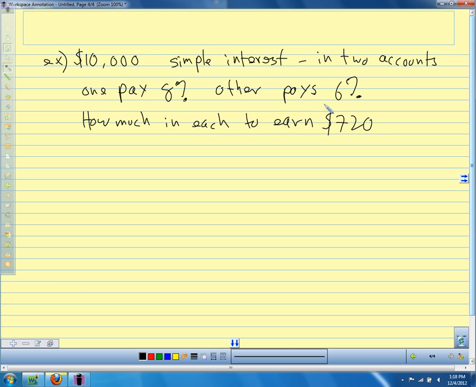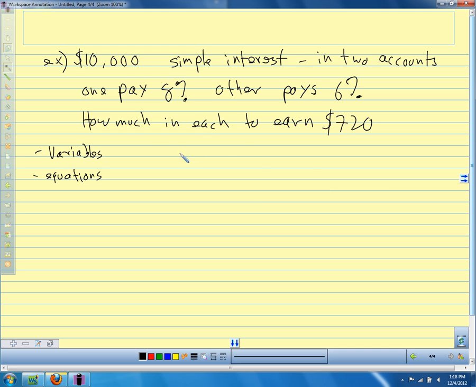So to set this one up, we need variables, and then we need our equations. So what do we want to call our variables? How are we going to set our variables up? Anybody have an idea? What would we like to call our variables?